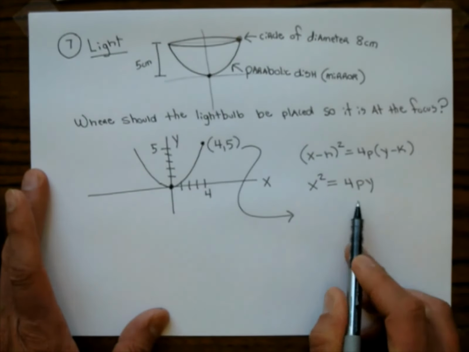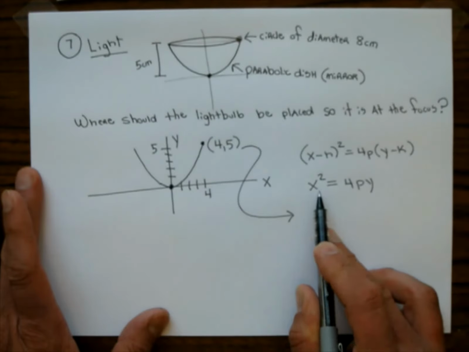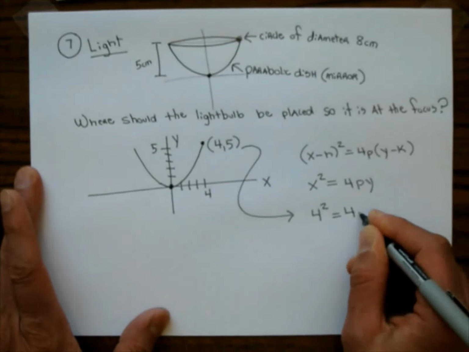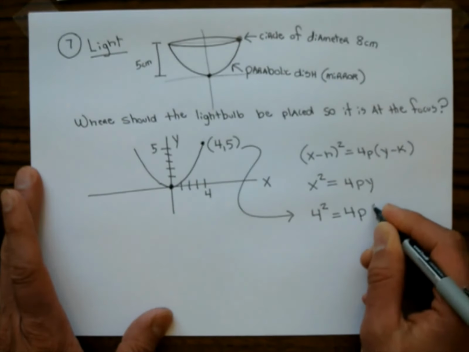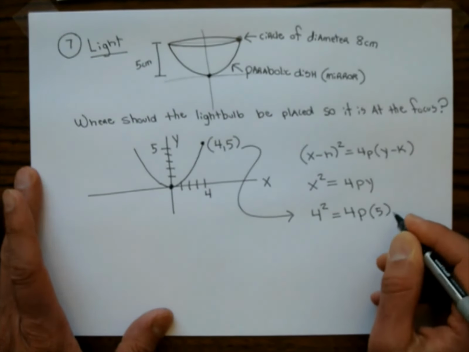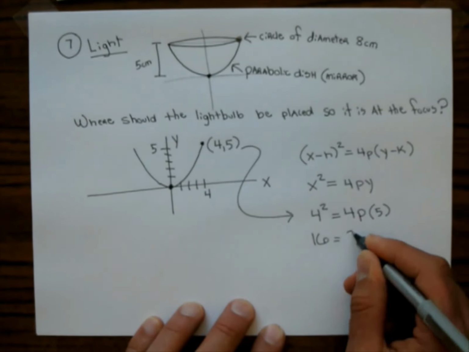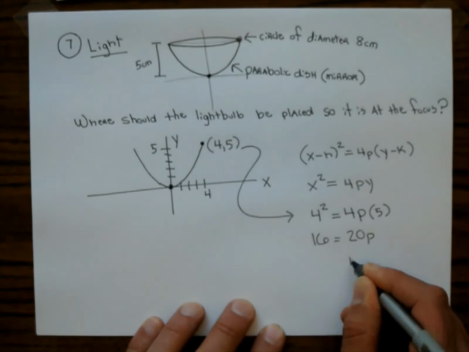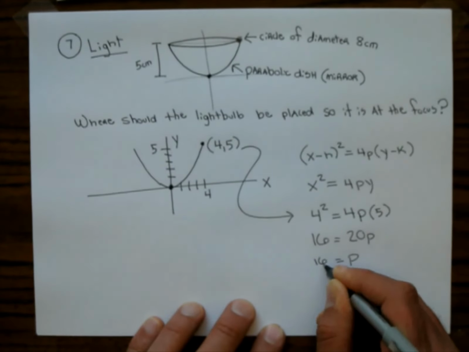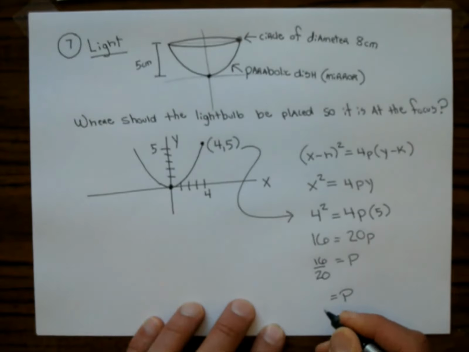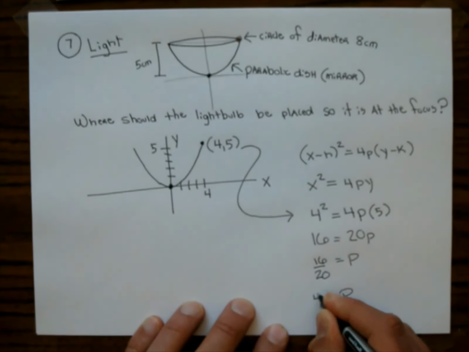So make sure you plug the things in correctly. X squared, so that's 4 squared equals 4P, and then y is 5. So I have 16 equals 20P. P equals 16 over 20. P equals 4/5.